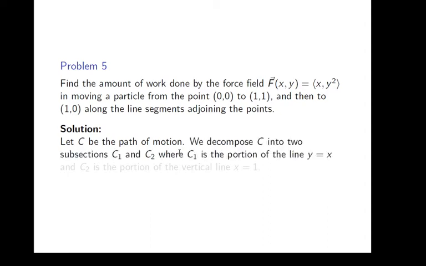Now we want to write C as the union of two curves C1 and C2, where in particular, C1 is the portion of the line y equals x from the point (0, 0) to (1, 1), and C2 is the portion of the vertical line from the point (1, 1) to (1, 0). Now let us look at this illustration.